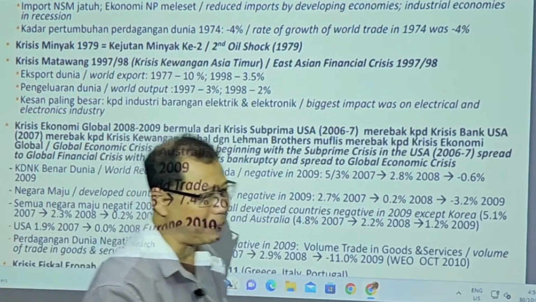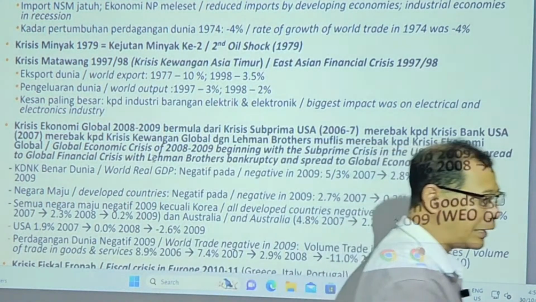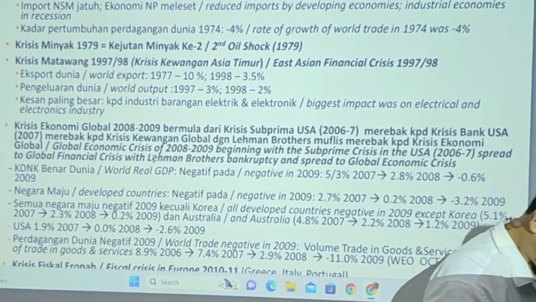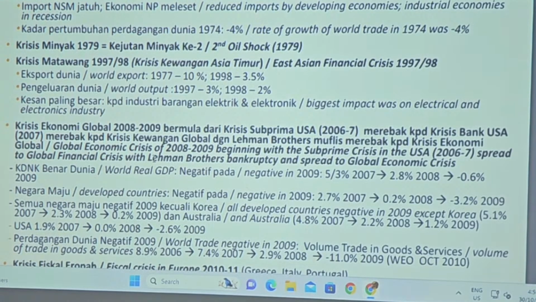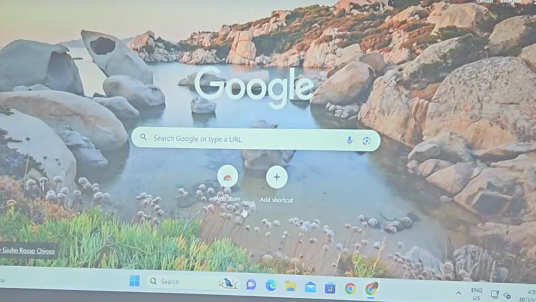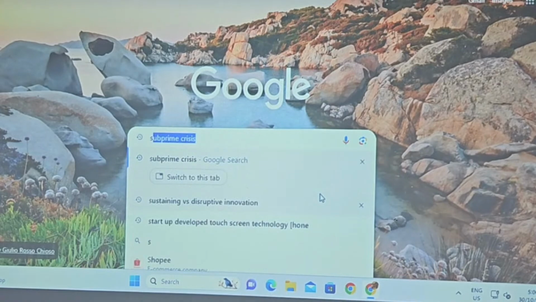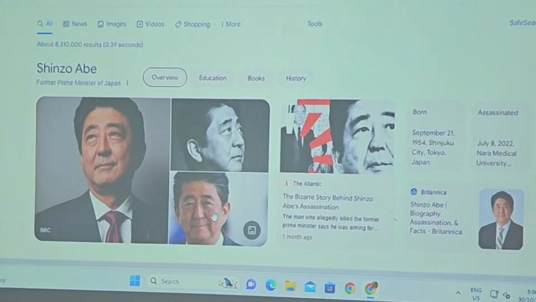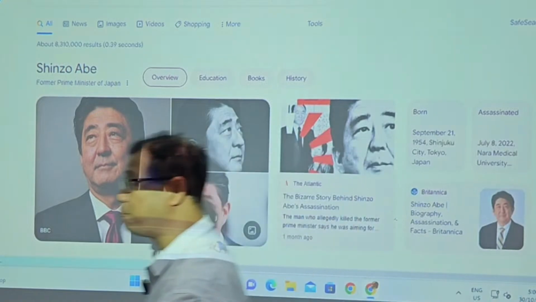The Prime Minister of Japan that passed away, Shinzo Abe, became Prime Minister of Japan a second time.